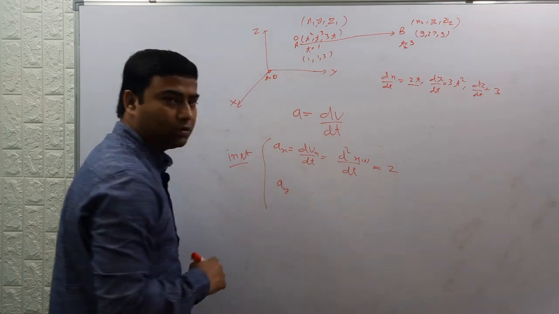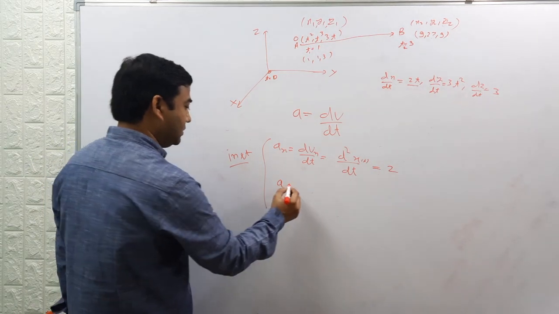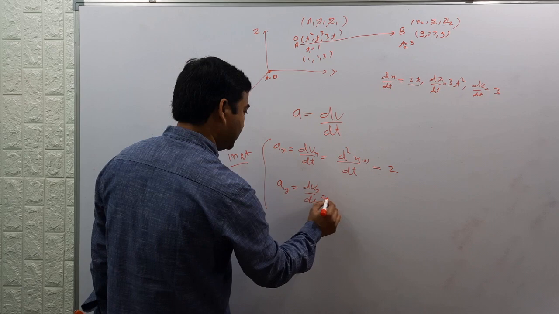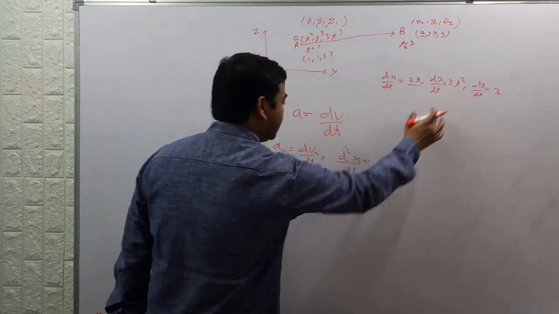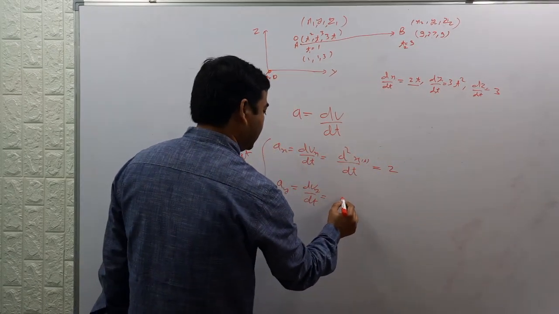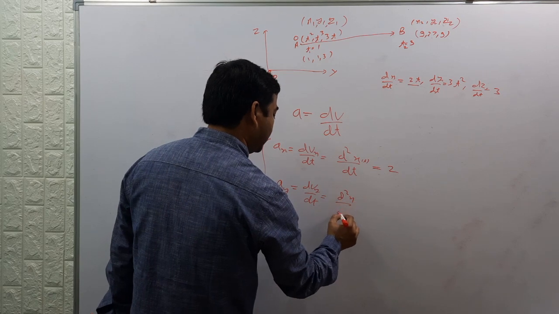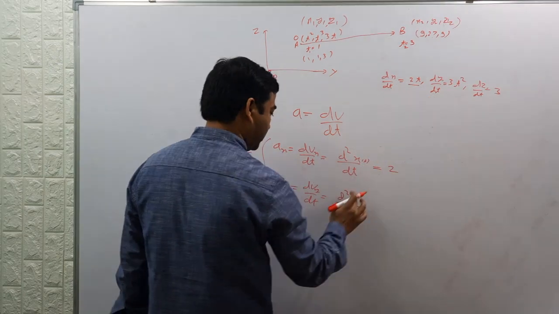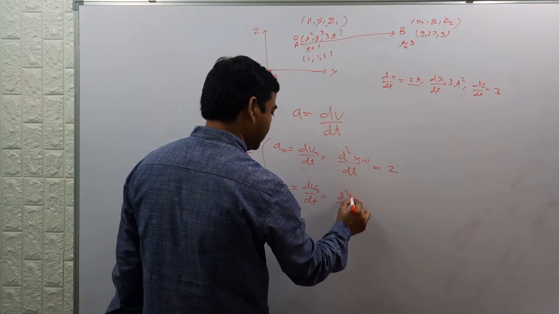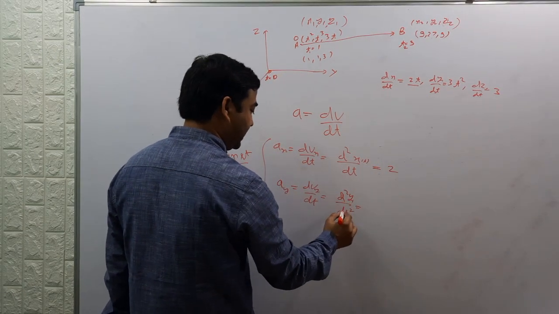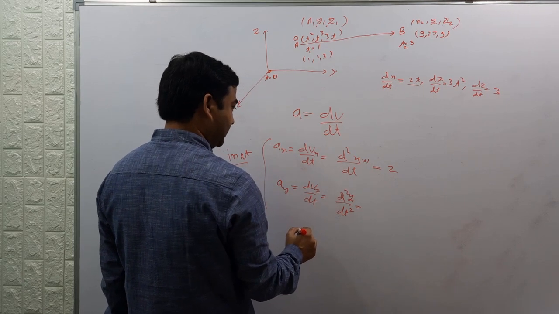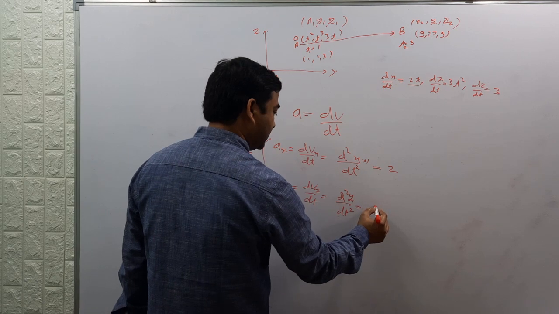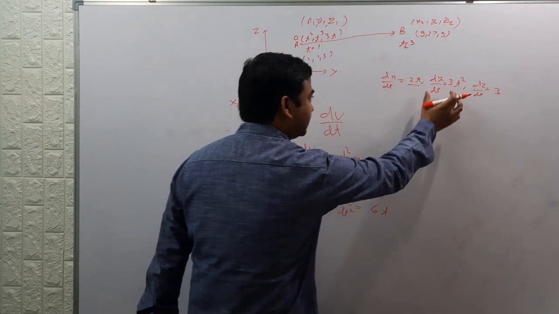Earlier we were talking about average acceleration. In y direction, dvy over dt is equal to d2y over dt square, the second derivative of y, and this is 6t.